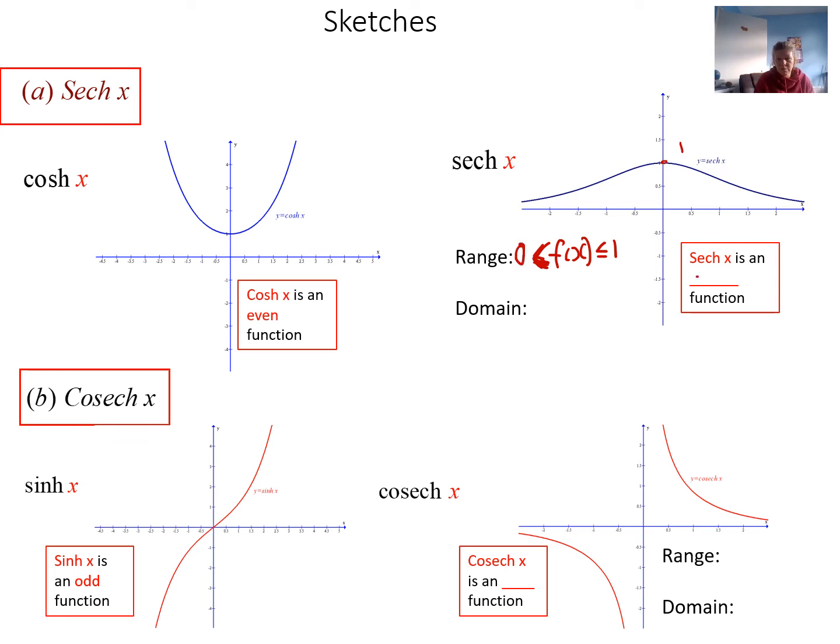And this is an even function, isn't it? And the domain, that's the x values, they can go on forever, so x can belong to the reals. This one is an odd function, and this one's also an odd function, isn't it?